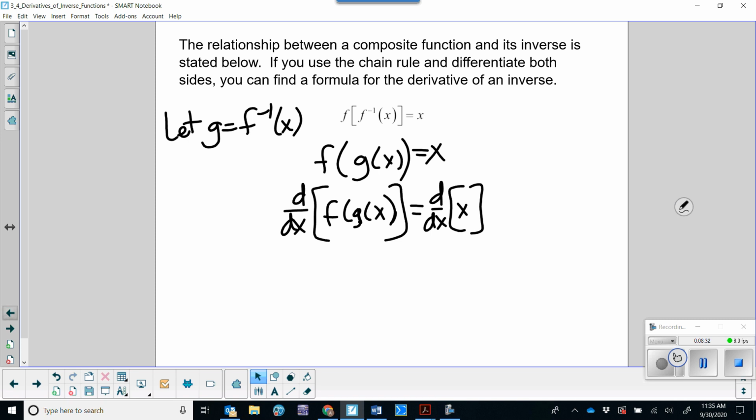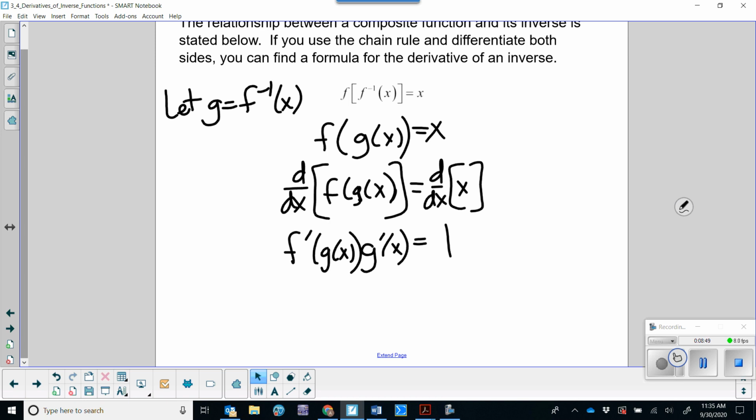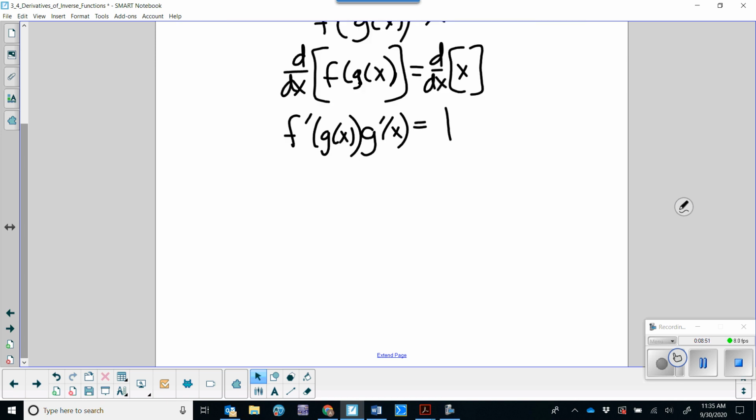So on the left, this is the chain rule. So we get f prime, the derivative of f, leave the g of x alone, times the derivative of the inside, equals 1, because the derivative of x with respect to x, of course, is 1. So now we're going to solve this for g prime, because g prime, remember, g equals f inverse, so this is now f inverse prime.